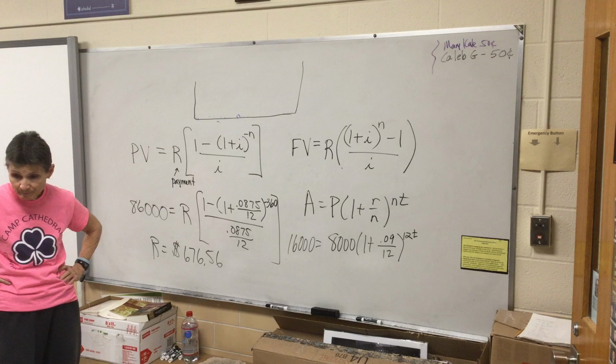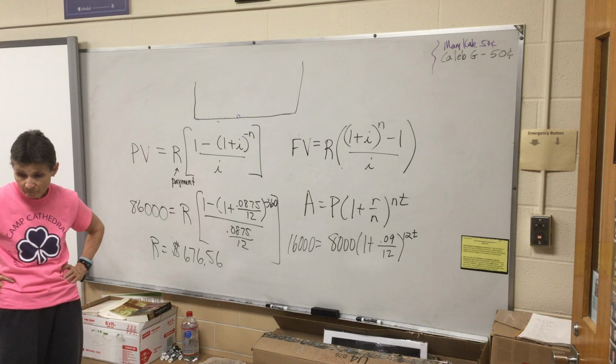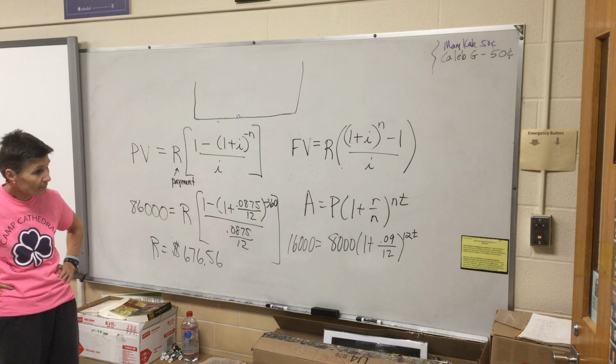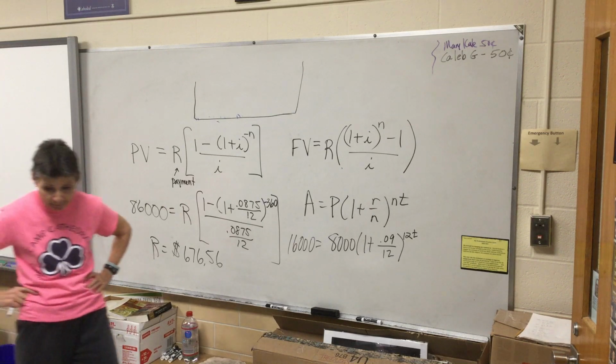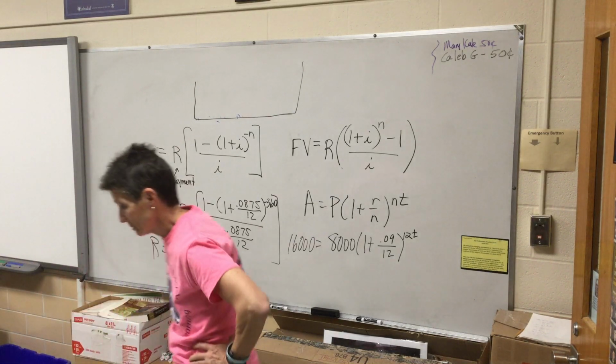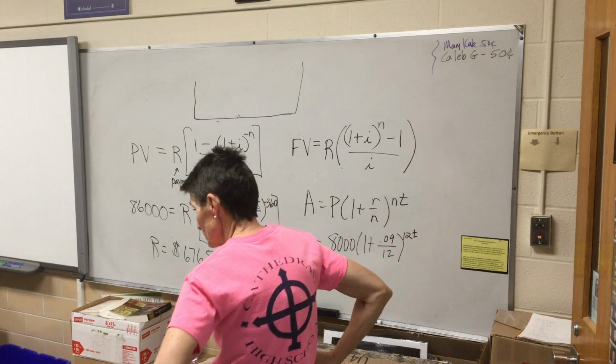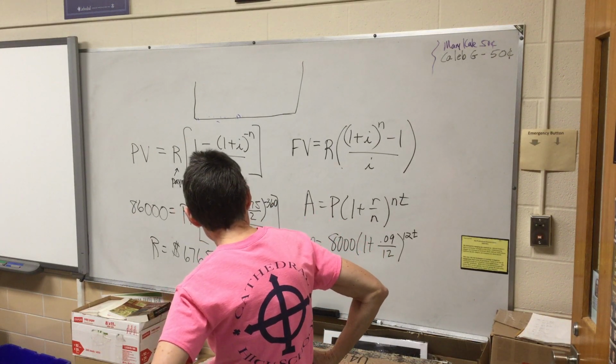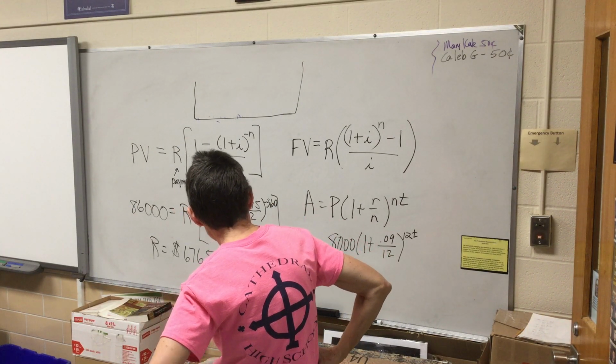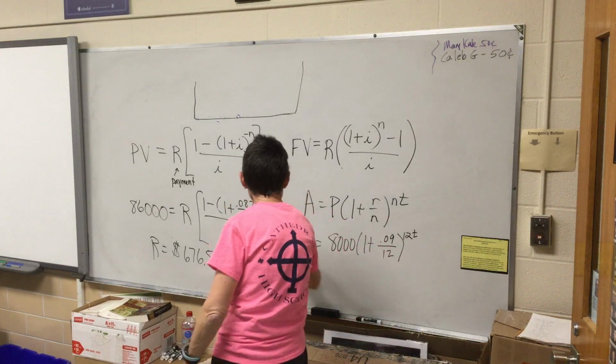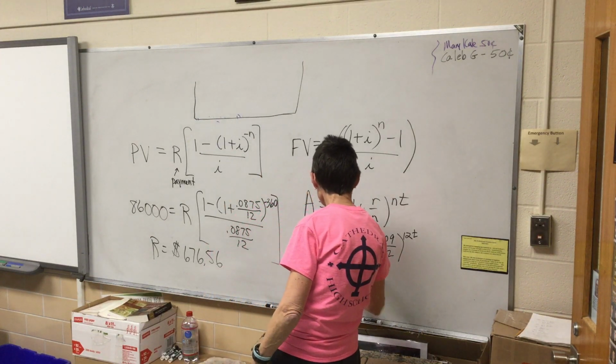Everybody good with that? All right, how do I start solving it? Divide by 8,000. Absolutely, we're going to divide both sides by 8,000.